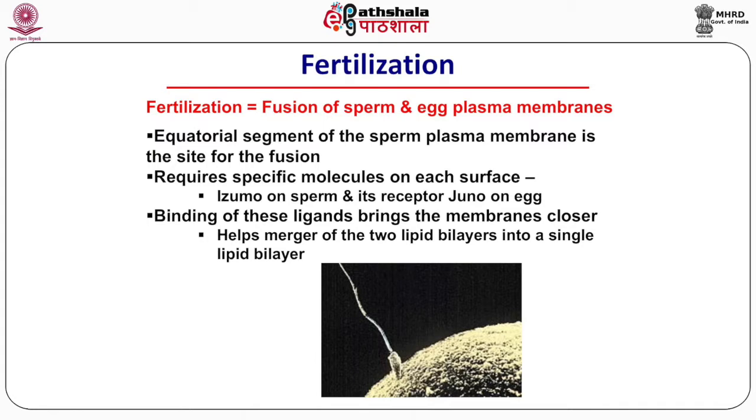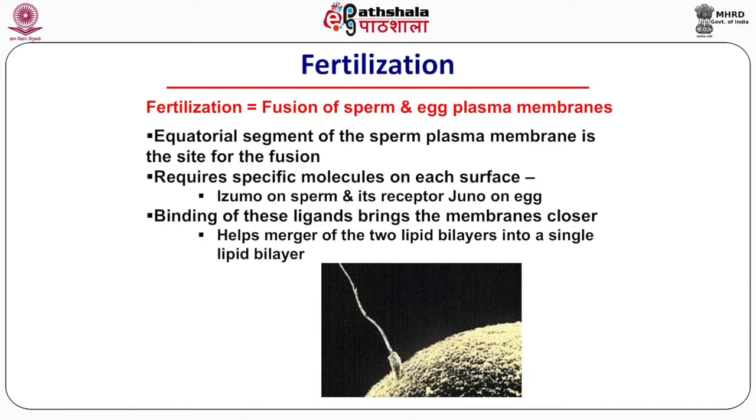The other portion of the oocyte plasma membrane is full of microvilli, and it is with these microvilli that the sperm membrane fuses and the cytoplasm of the sperm combines with the cytoplasm of the oocyte. Specific molecules are required on the surface of both sperm and egg for fertilization to take place.